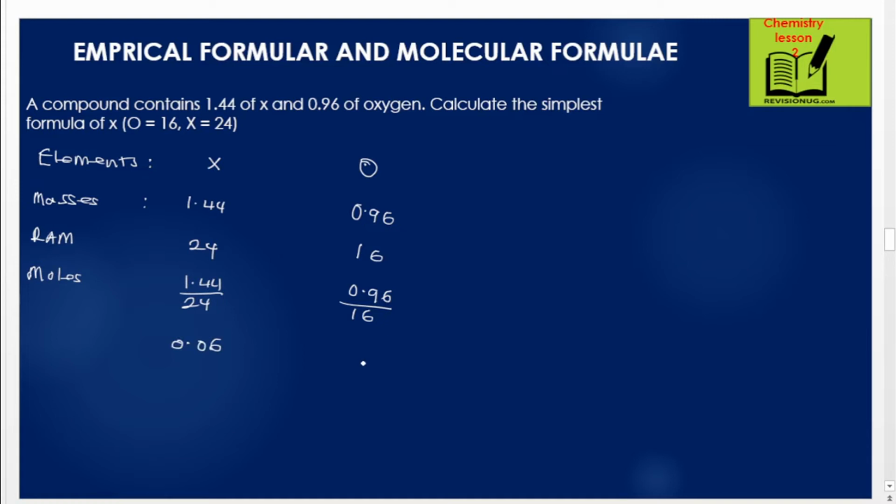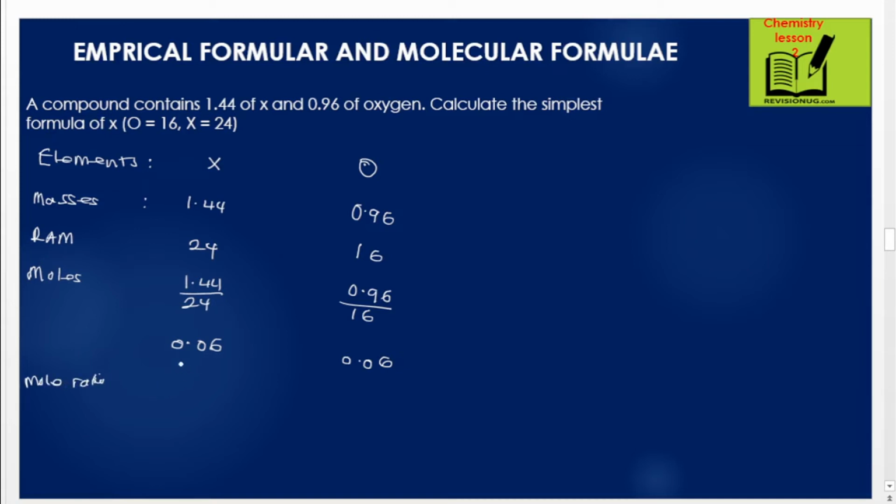Then here, 0.96 divided by 16. What are we having? 0.06. Then after there we are getting our molar ratio. Few steps, my dear student.